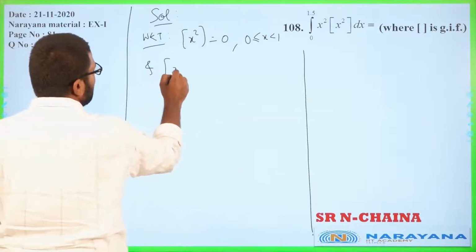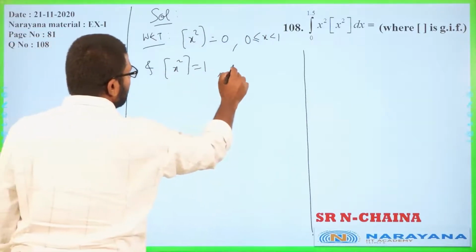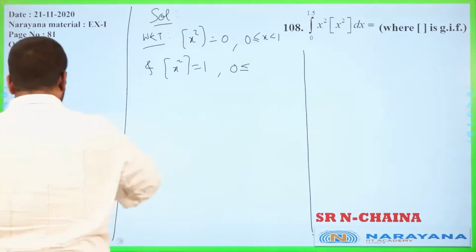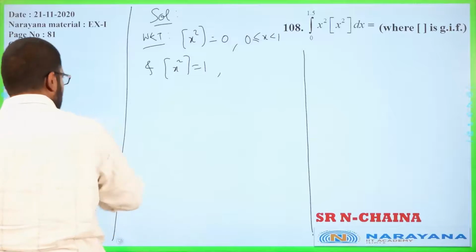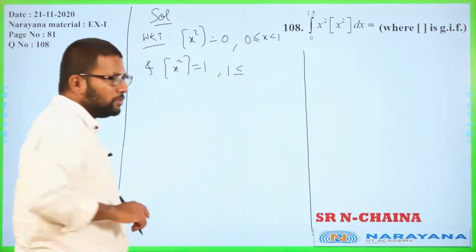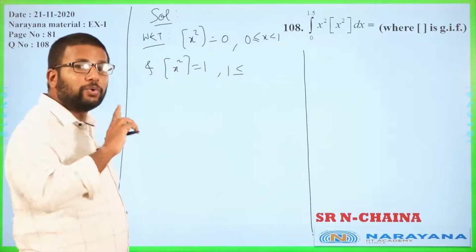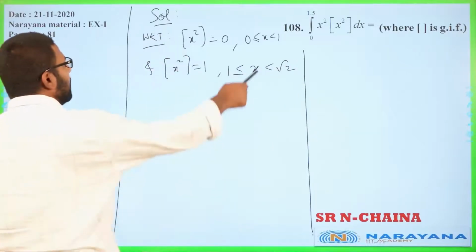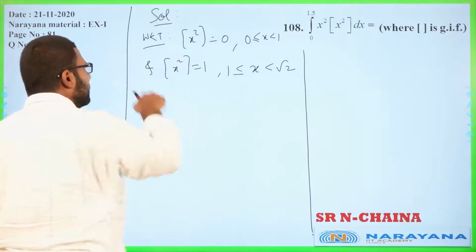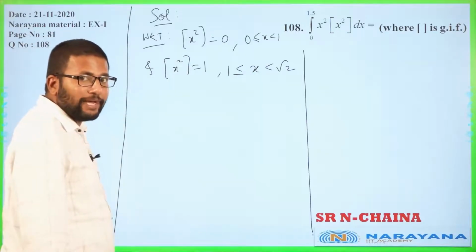And step of x square equal to 1 when x lies between 1 to which value? When x lies between 1 to 2? No, root 2. When x lies between 1 to root 2, because up to root 2 x square will become 2 then. At root 2 x square becomes 2.